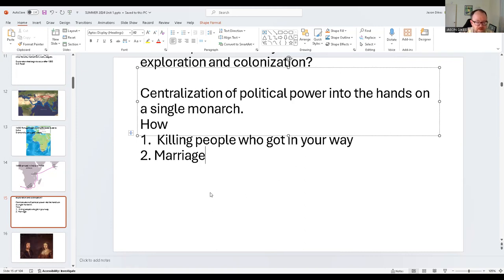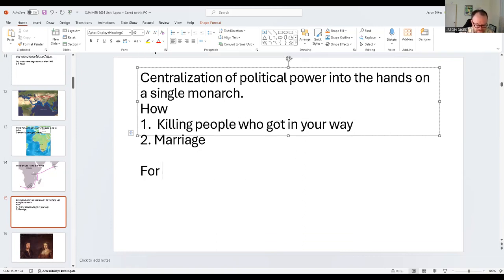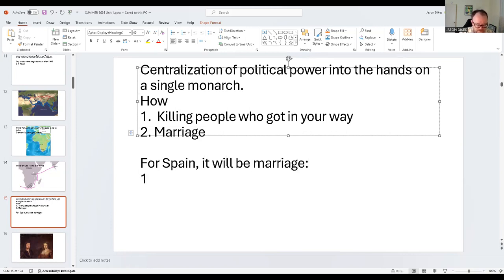For Spain, it's going to be marriage. In 1469, the two most powerful families in Spain united. Ferdinand and Isabella married. Okay.